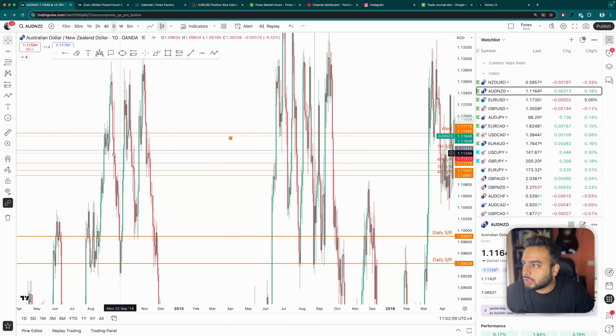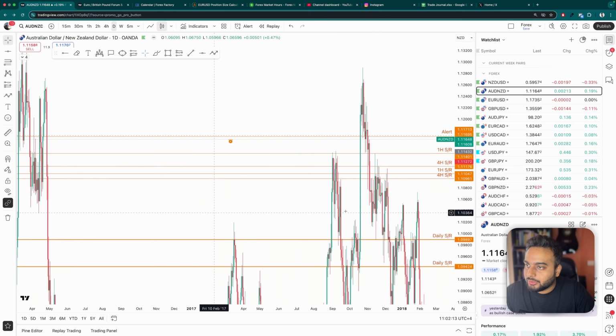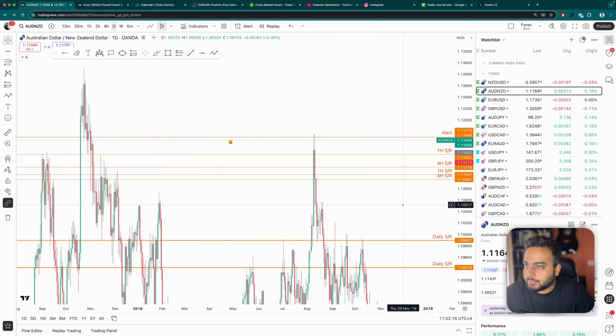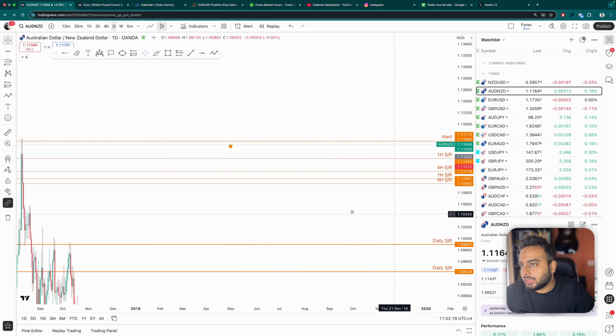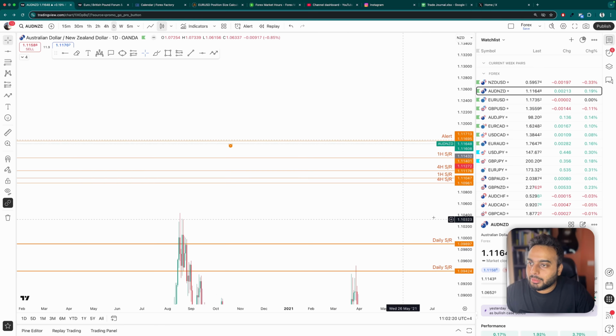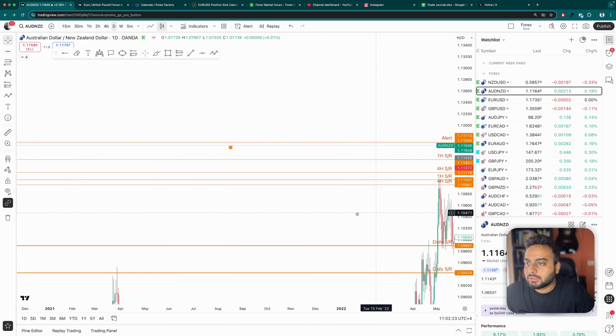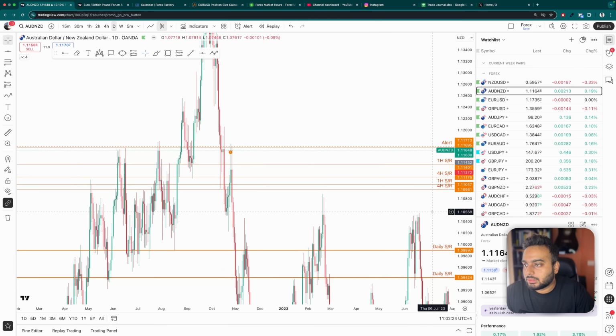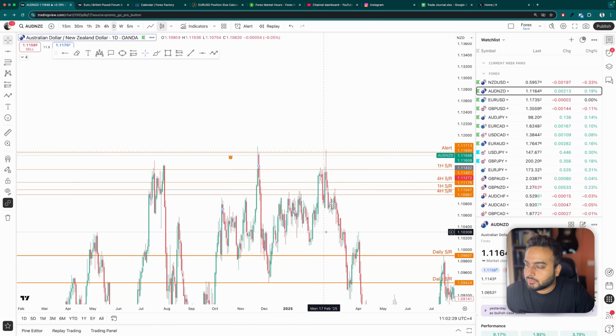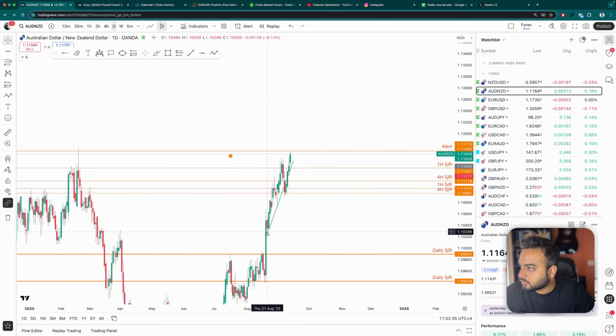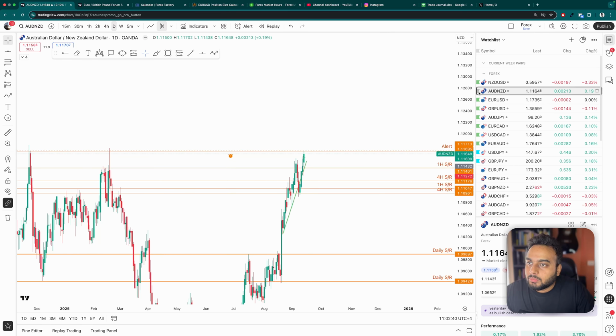Yeah, so there is some consolidation right here to move up. So maybe I'll look at AUD NZD and see what's happening in between the week. And if I find a good trade, I'll post it on Telegram. If I don't, I'll not. I'll keep it blue.